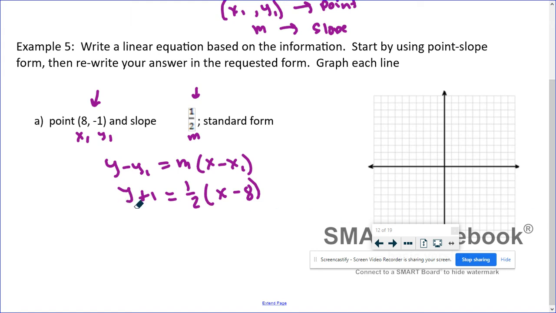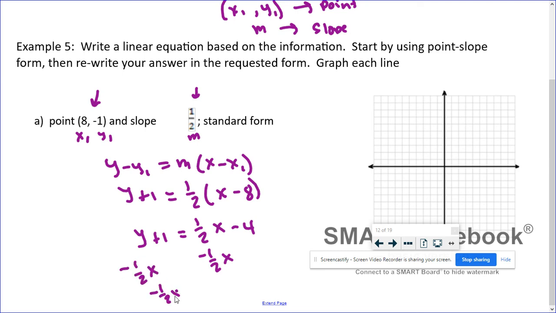If I wanted to get it in standard form, remember what standard form looks like. It's ax plus by equals c. So I have to essentially break it all apart. I'm going to get y plus 1, and then distribute the 1/2. You get 1/2 times x, and then 1/2 times negative 8 is negative 4. Remember, the x came first, so I'm going to subtract that to the other side.